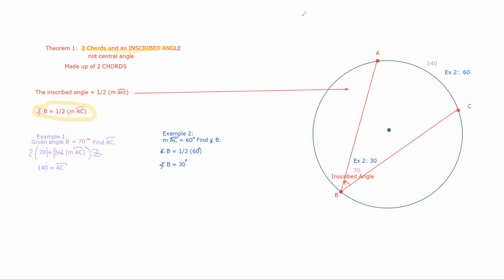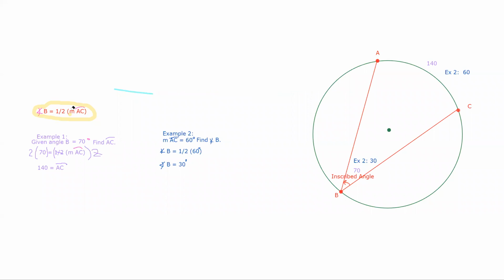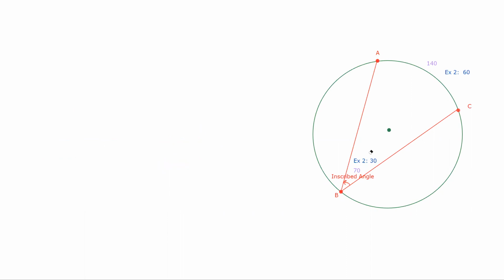Next theorem. When you have a tangent and a chord, a tangent and a chord. So remember, the tangent is a line that touches the circle at only one point.